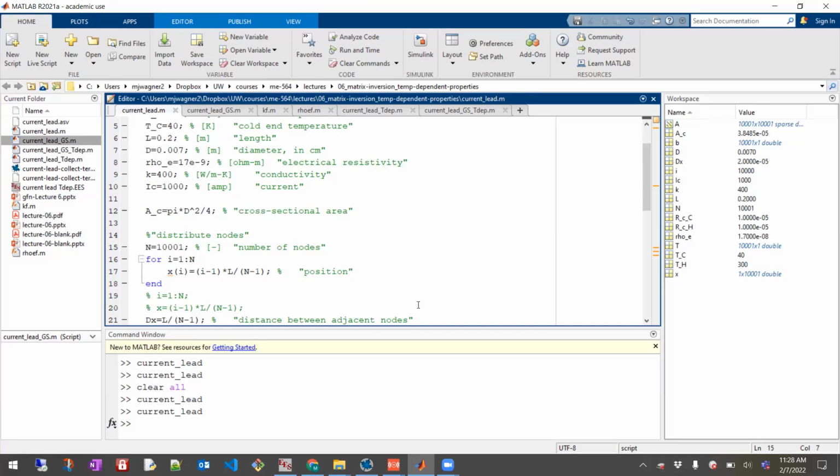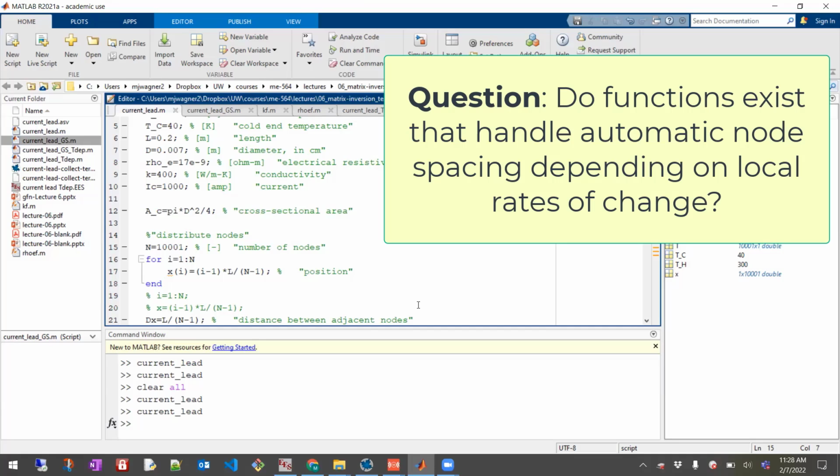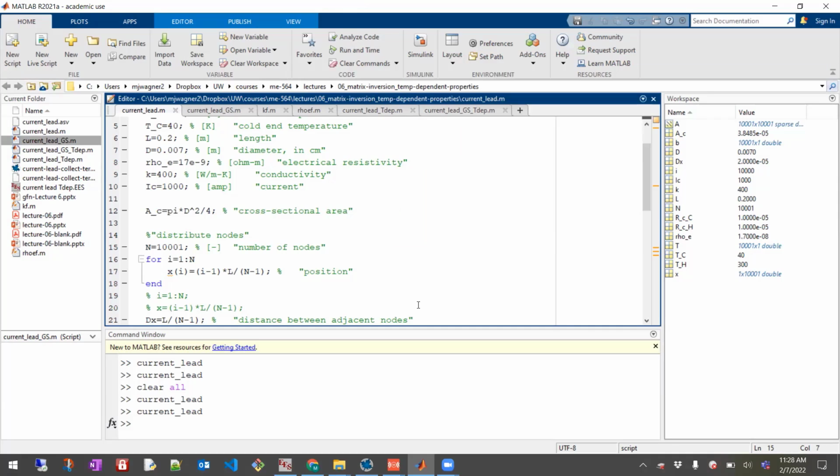Yeah, question? In the last section, you mentioned that for problems where the meaningful behavior happens in specific regions, you want to allocate more nodes near that region. Is there a unique function that does that in MATLAB, or is it something you have to do yourself? We'll get into it when we talk about non-steady state problems. In those problems in particular, you usually have a lot of things going on right when the boundary condition changes in time.